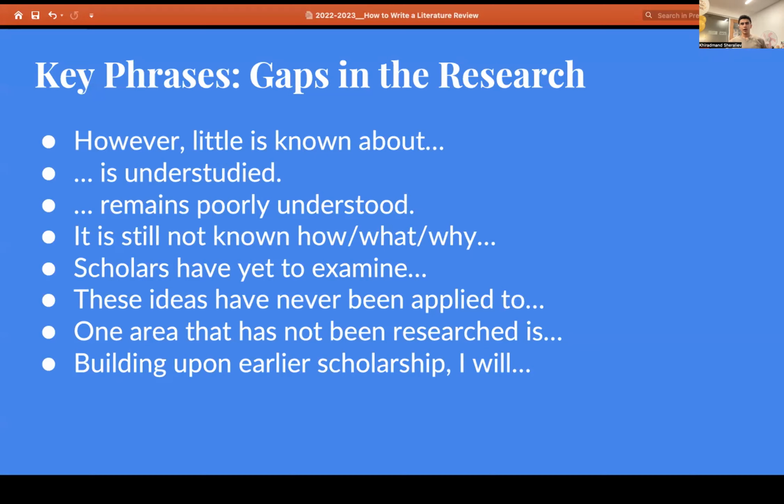In the literature, it is still not known how, what, and why something happens. Scholars have yet to examine, or these ideas have never been applied to. One area that has not been researched is something, or building upon earlier scholarship, I will, right, focus on this gap or these gaps.